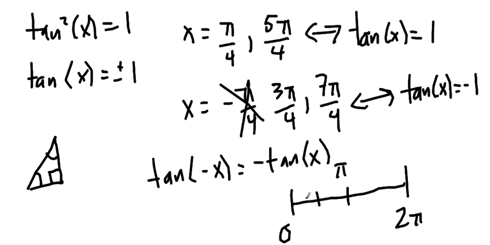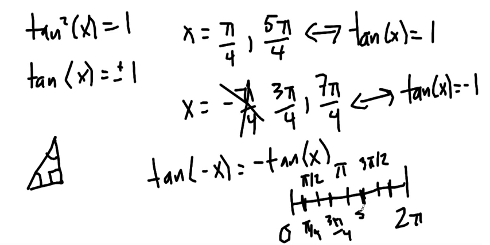It's right here, right here, right here, right here. This is pi over 2. This is 3 pi over 2. And these are the numbers that we just wrote down: pi over 4, 3 pi over 4, 5 pi over 4, and that one is 7 pi over 4. And that's it. Great, so those are our critical numbers.